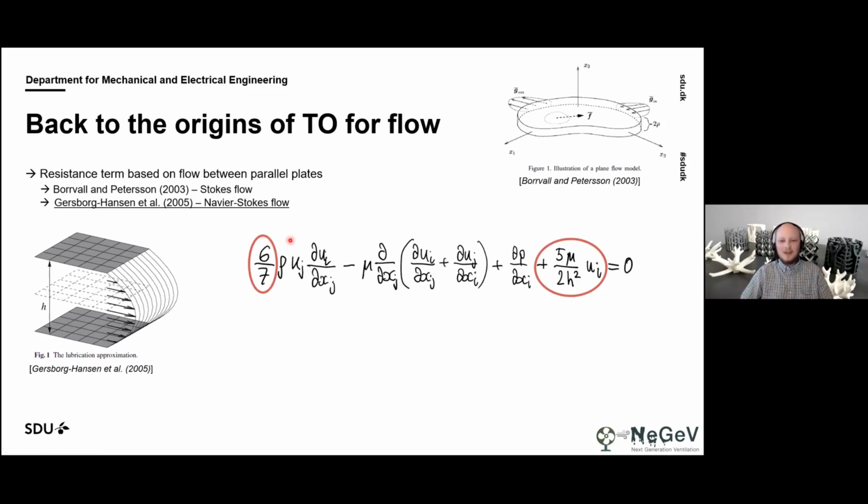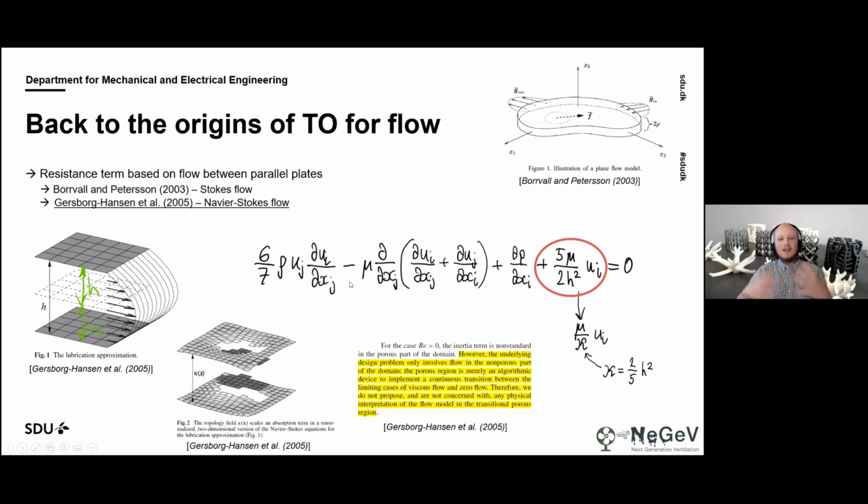We get a scaling of the convective term, which is not so important. And we get this resistance term, which is due to the out of plane viscous resistance of passing through this spacing. This resistance depends on the thickness of the fluid layer here. In Gersborg-Hansen, they discuss that this is merely an algorithmic device to implement a continuous transition between viscous flow and zero flow.